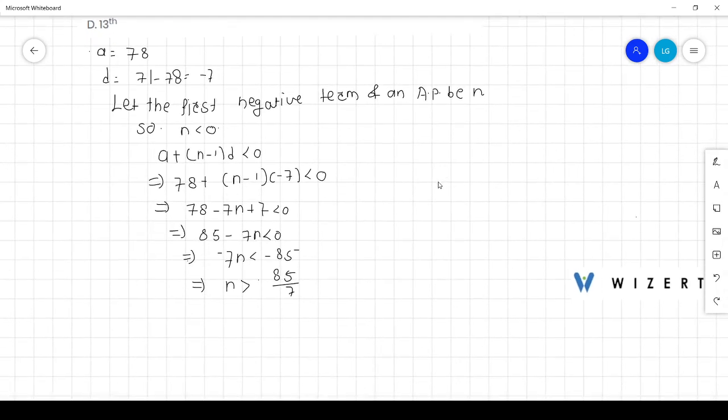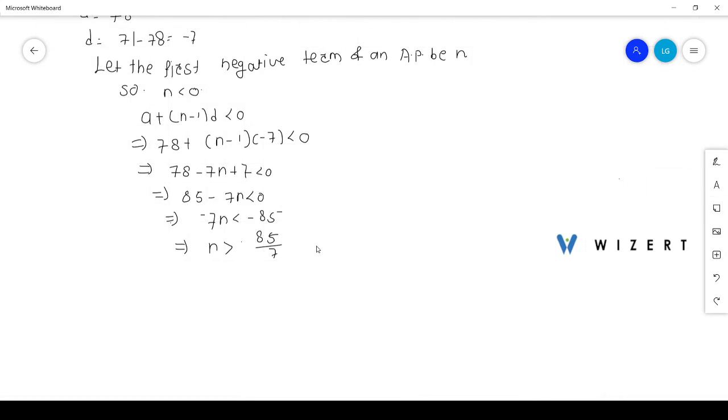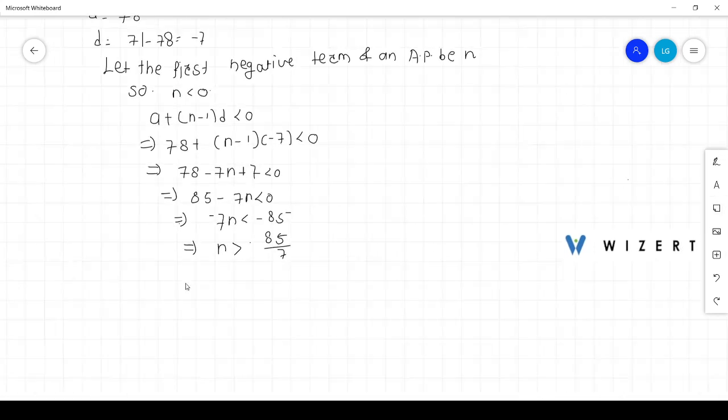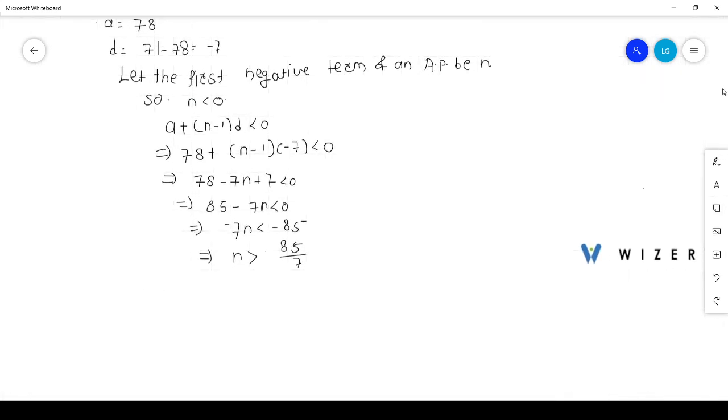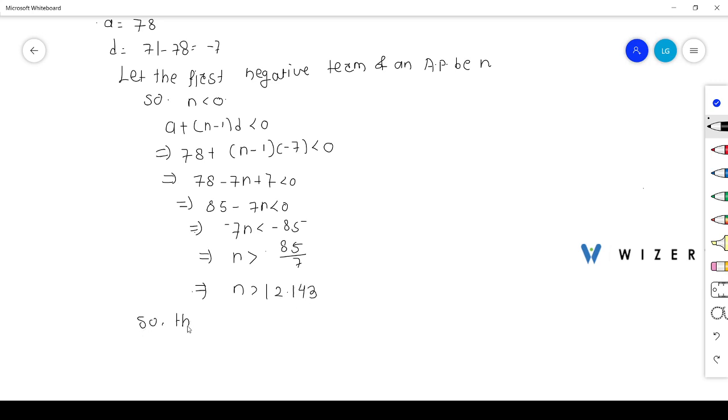That is, n should be greater than 12.143. That is, the nth term, meaning the negative term, will be the 13th number.